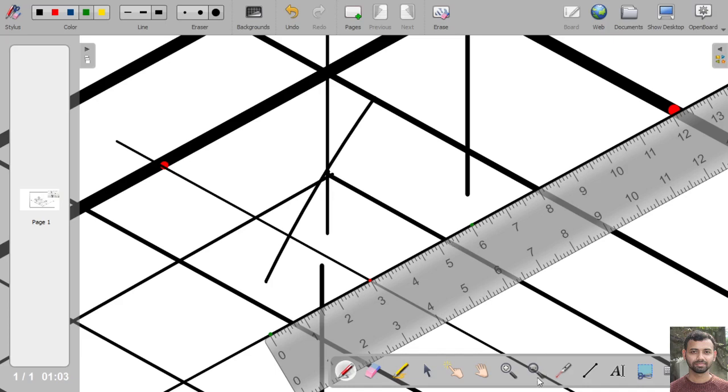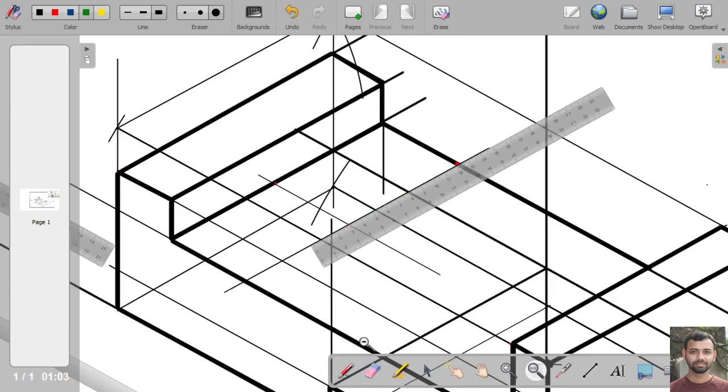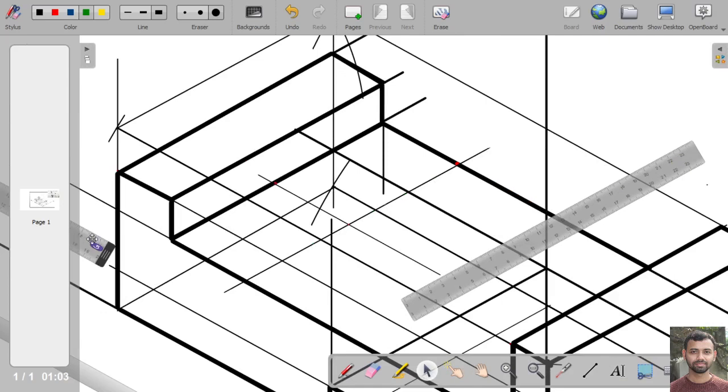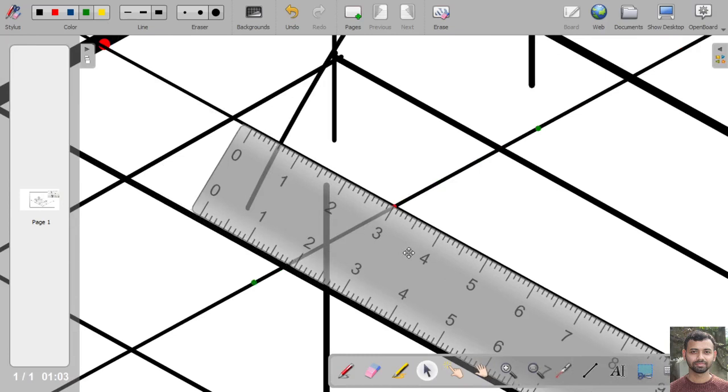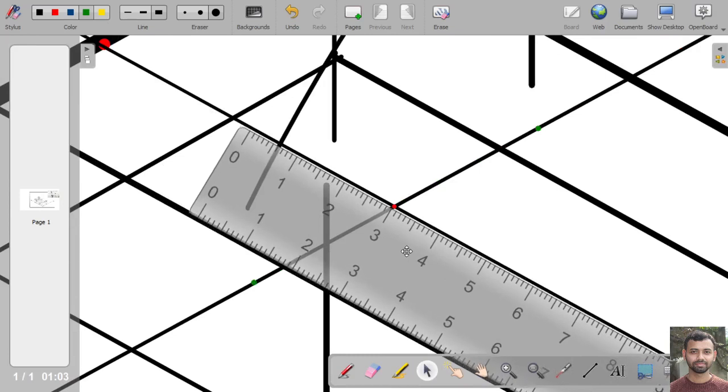Similarly, we will measure here also. Up to this it is 30, and then up to this point it is 60. Okay.